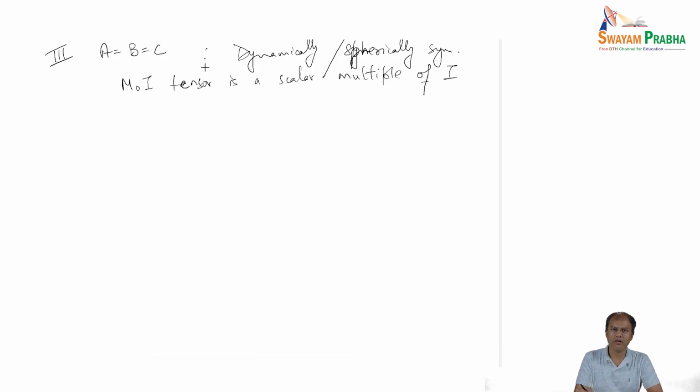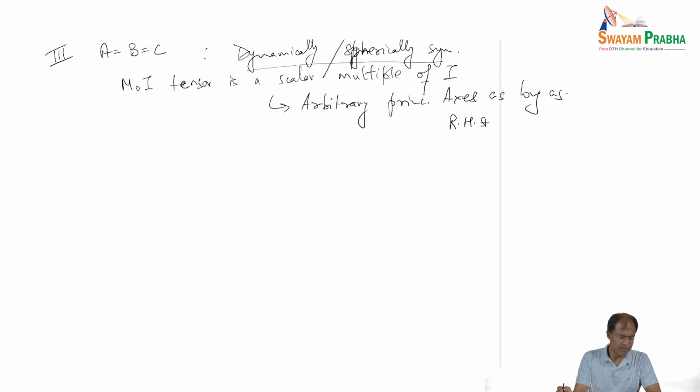We expect that all three moments of inertia are equal, and it turns out that the principal axes can be arbitrarily chosen. So there is so much symmetry that we have lots of options, as long as they form a right-handed system.